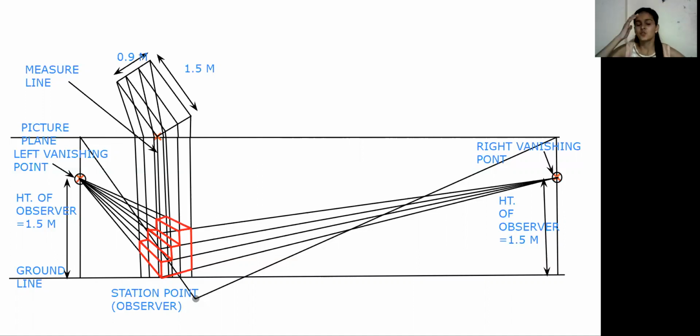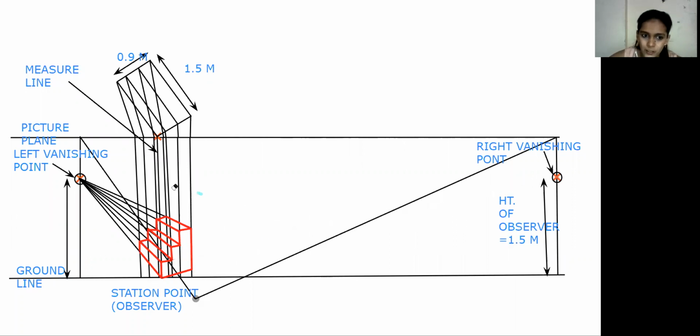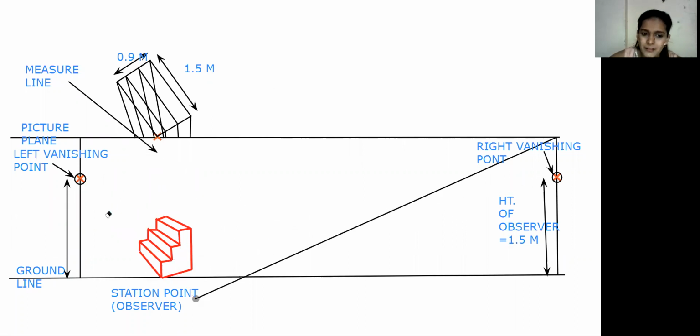Done. So here is your perspective view of 3 steps. Okay, or if you cannot find it easily, I'm going to erase the inclined lines. Actually, you don't need to erase because the lines are light. Here I'm going to erase the lines and show you only the perspective view like this.